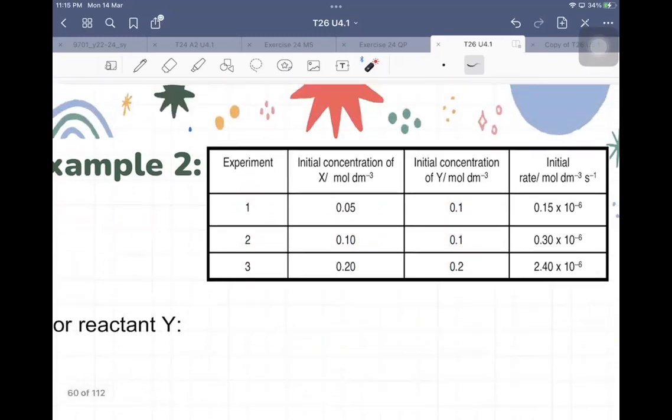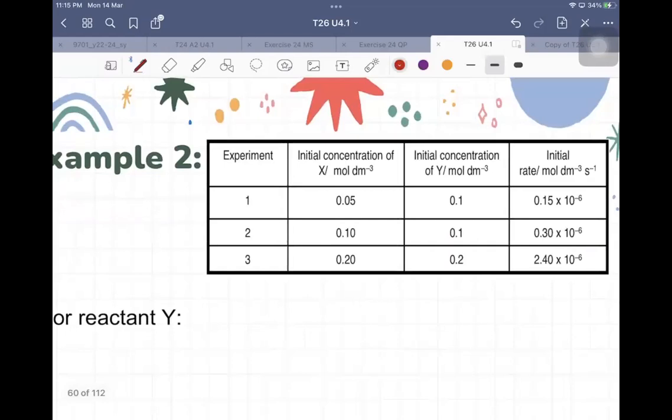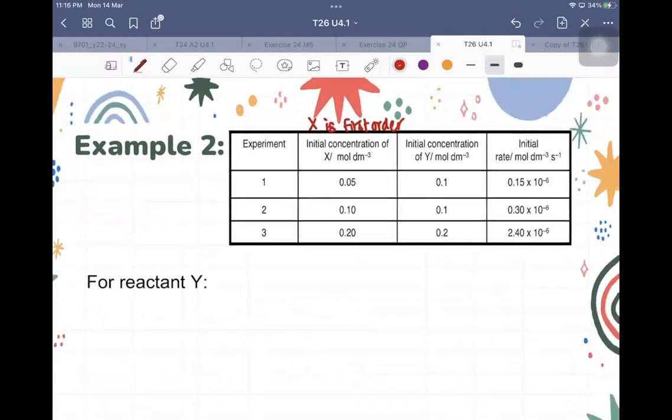But that's okay, because we don't have any choice. We just have to pick two experiments, whichever you want, remembering that X is first order. We need to combine the effect. So let's just take 2 and 3.